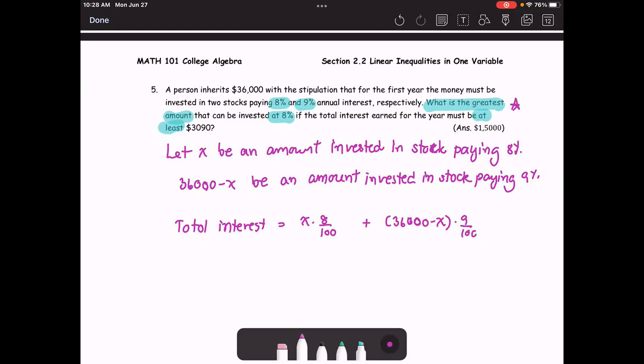And then the total interest for the first year must be at least, means greater than or equal to, 3,090. So the total interest here is greater than or equal to 3,090.